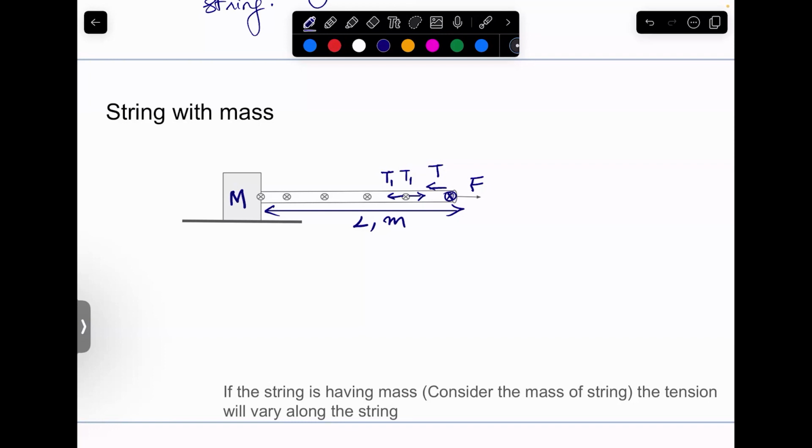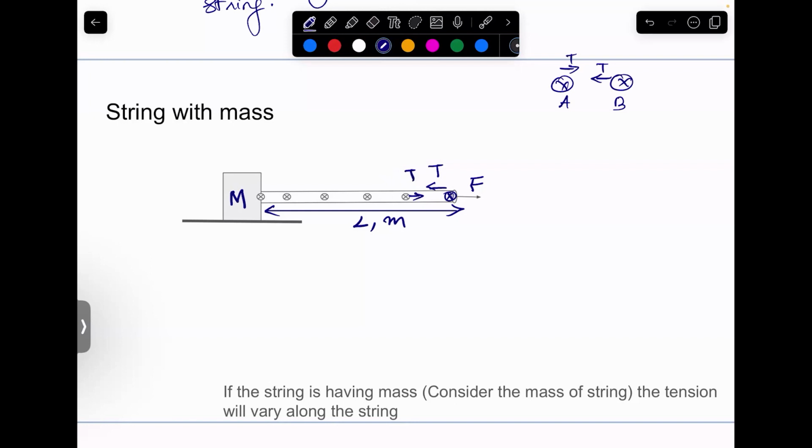Wait. So here, if you are taking these two points, A and B, these are intermolecular attractive forces, so that will be equal and opposite.